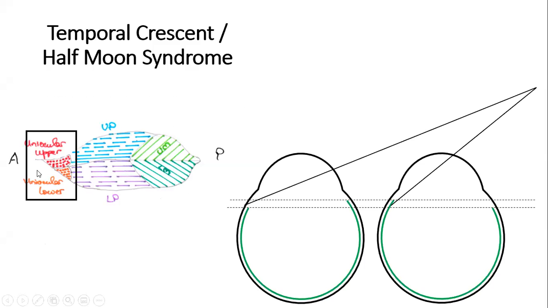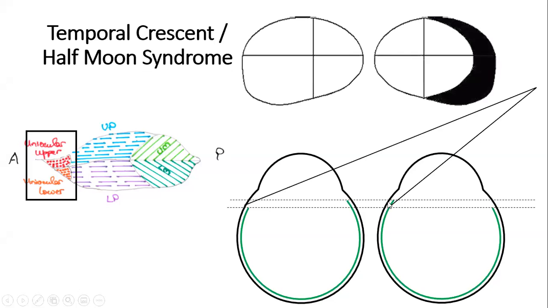And what happens if there is a lesion which involves the anterior most tip of the occipital cortex? We saw this diagram already. When the anterior most tip of the occipital cortex is affected, it will lead to a temporal field effect on the contralateral side, like this.